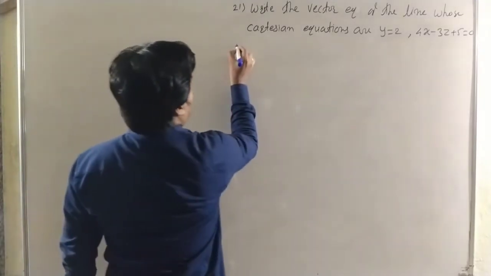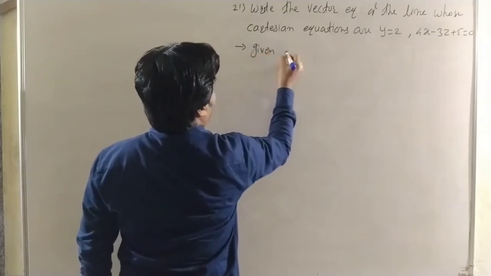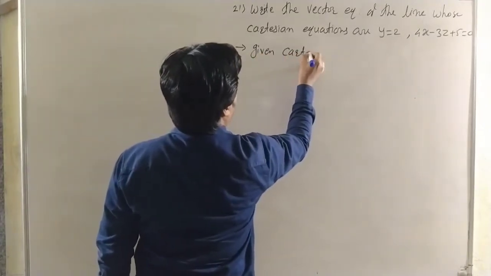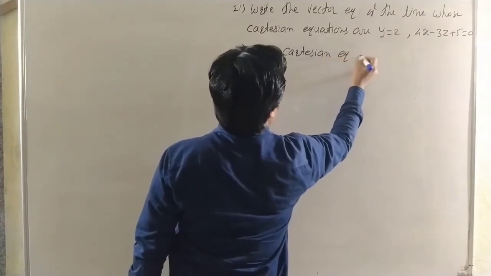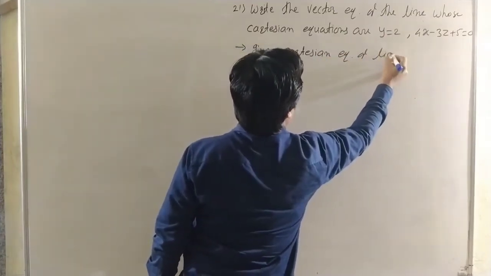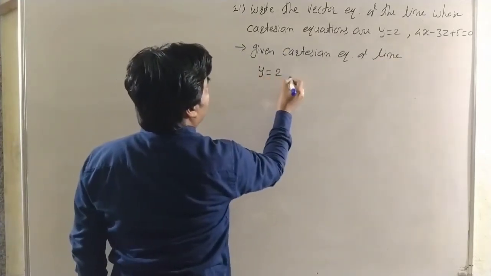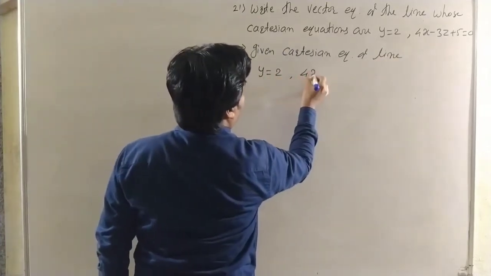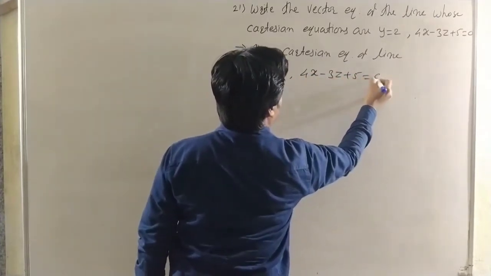Okay. Here, given the Cartesian equation of line, it is y is equal to 2 and 4x minus 3z plus 5 is equal to 0.